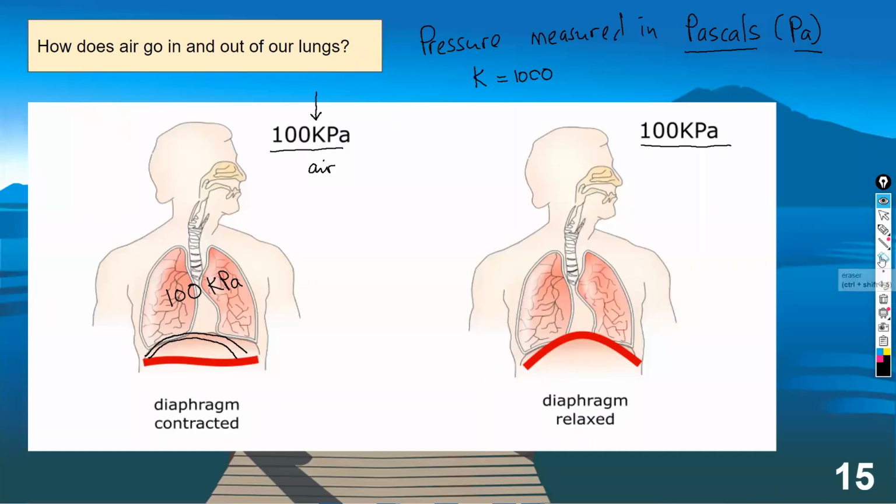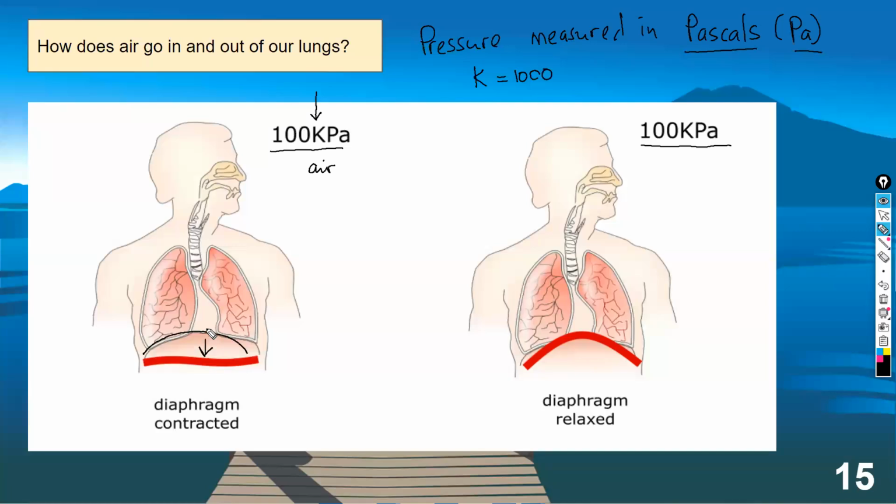But here's the thing now. Eventually, when you want to breathe in, you're going to pull your diaphragm downwards. Now remember, the diaphragm was curving upwards, so there was a certain space here.